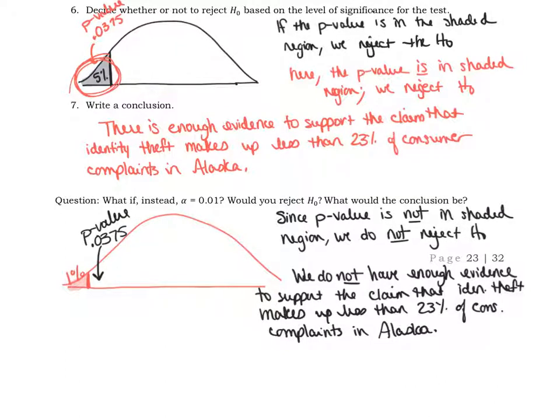Okay, so if you do not reject the null hypothesis, that means you don't have enough evidence to go ahead and say you believe the alternative hypothesis. If you do have enough evidence, if you do reject H sub 0, the null hypothesis, then you're saying that yes, I do have enough evidence to say this historical data here that we've got, this 23%, is no longer accurate. It is now less than that.